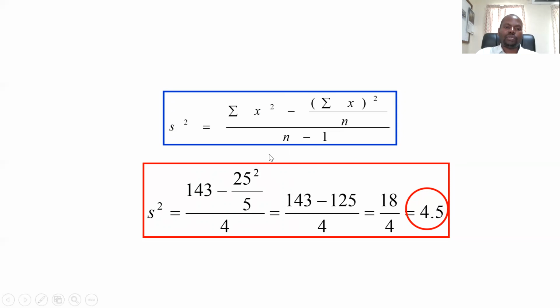So if we input the figures, 143 for this, 25 squared for that, and 5 here and a 4 below there, we simplify that and we get 4.5 hours. So 4.5 hours is our variance for this data set.